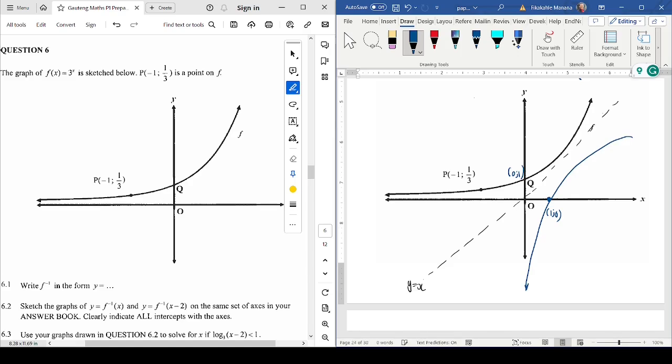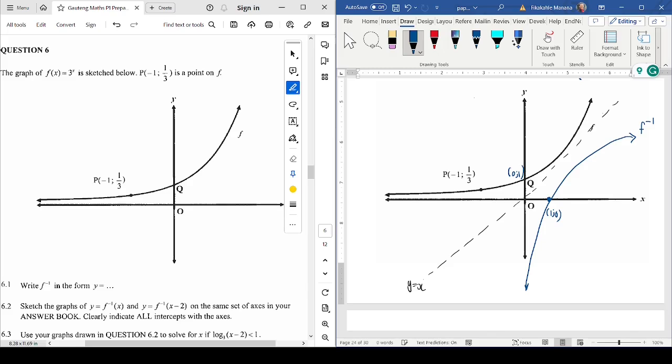All right, where I know that the y-axis is actually my asymptote. And in the original function, the x-axis is the asymptote. Okay, so this is the inverse, which is f minus 1.